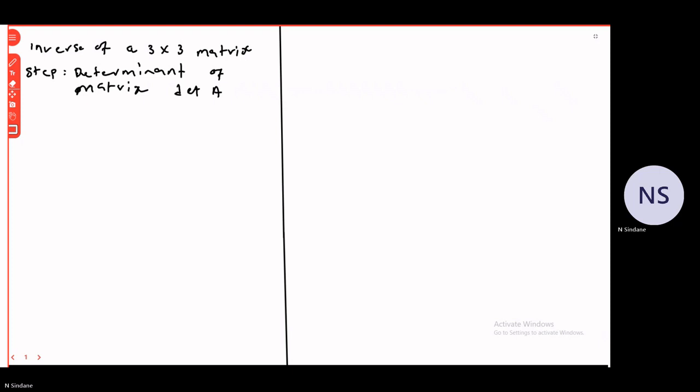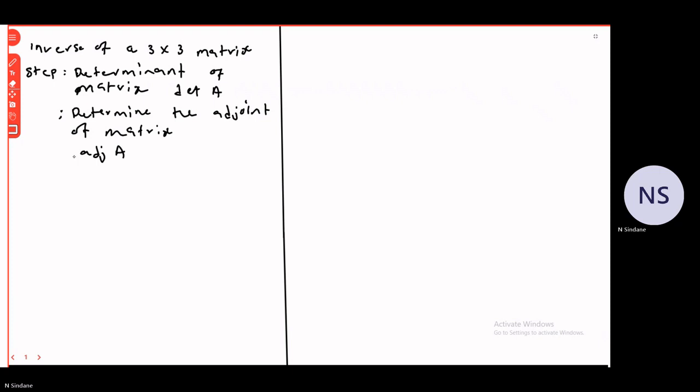Then step two, which is the most crucial one. You need to determine the adjoint of a matrix, which you can denote as adj of A, adj A, right?